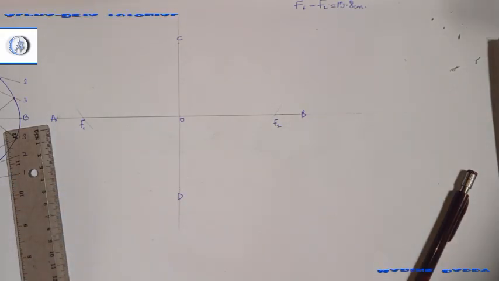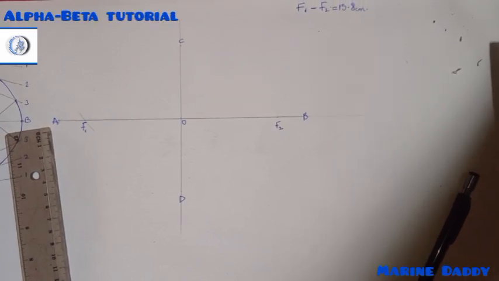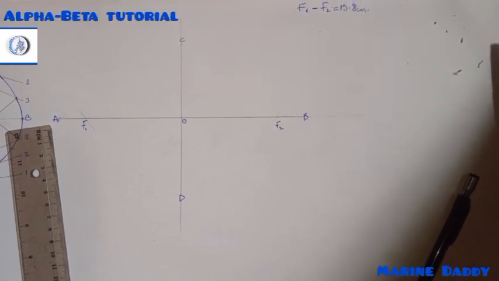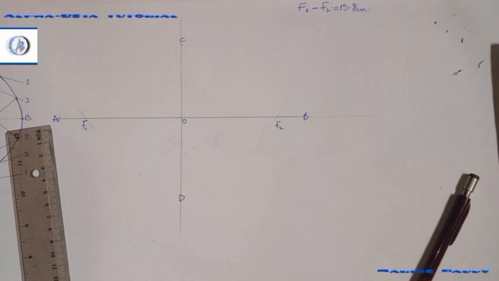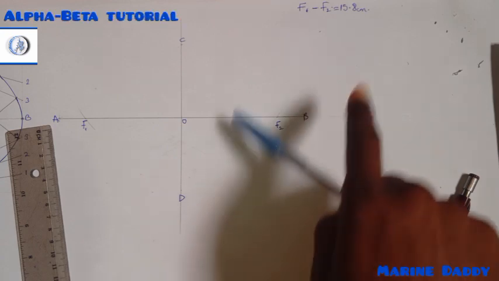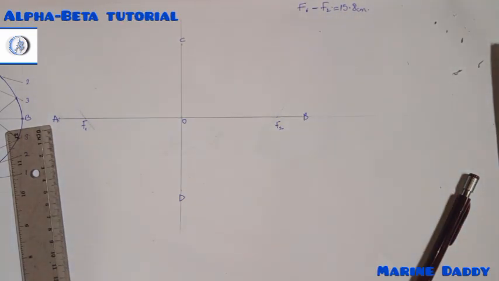I know some of you might be asking, can you use any other stuff apart from 8? Yes, you can use, but 8 is tested and trusted over the years. I've taught countless number of students and I have been working with 8. So do the same thing. So this 15.8, we are dividing it into 8 equal parts.